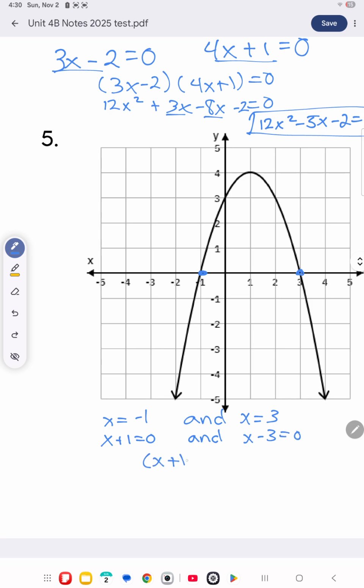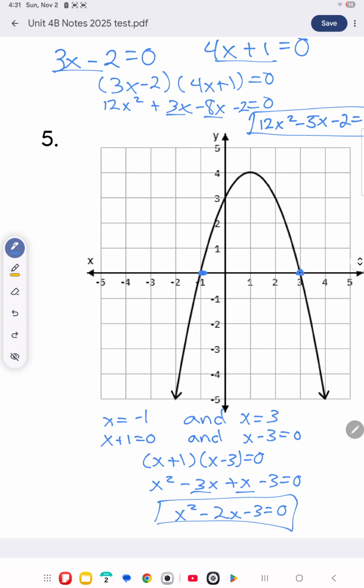These are our factors. And we're going to multiply it out. That gives me x squared minus 3x plus x minus 3 equals 0. Combine my like terms, and I have x squared minus 2x minus 3 equals 0. And that is my standard form.